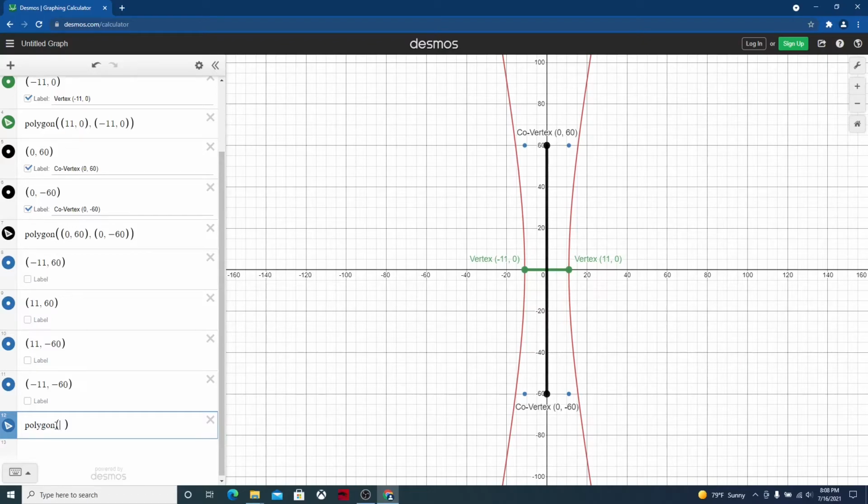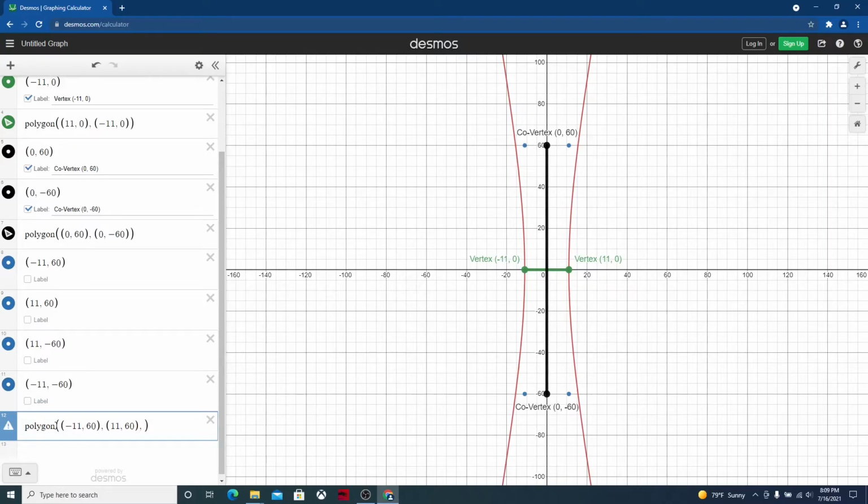I'm going to do them in order from top to bottom, starting with -11, 60, and work my way down through all 4 points. So the first one was -11, 60, close parenthesis, and then a comma. And then the next one is 11, 60. There we go, and then a comma.